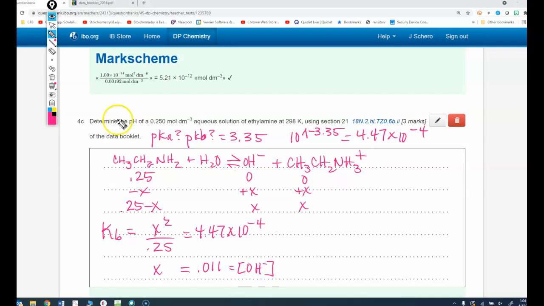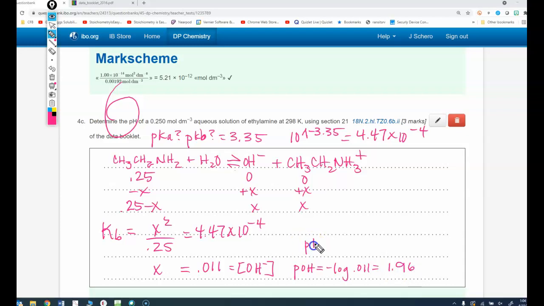Now that's not my answer because I was asked for pH. So now I'm going to find the pOH, which will be negative log of 0.011, and that gives me 1.96.